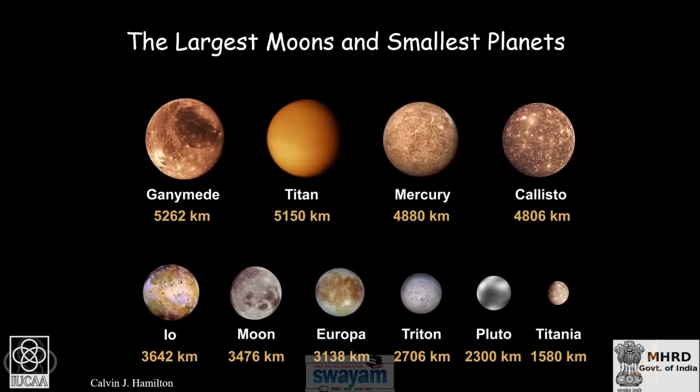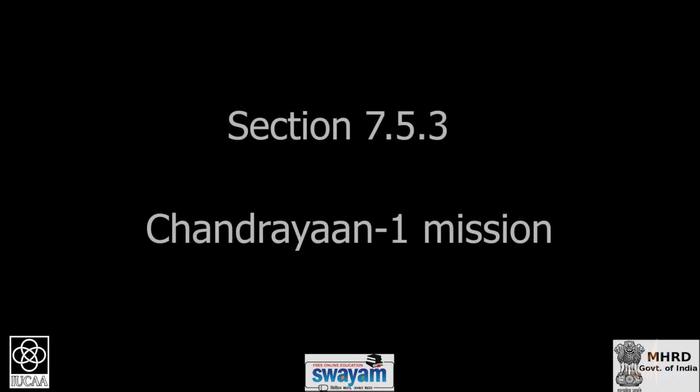So, here you can see much better, comparing Ganymede with Mercury and Pluto. You can say even Titan is bigger than Mercury, and Titan is the satellite of Saturn, whereas Ganymede, Io, Callisto and Europa are the satellites of Jupiter. Moon comes at the 5th place in terms of the sizes of the satellites in our solar system.